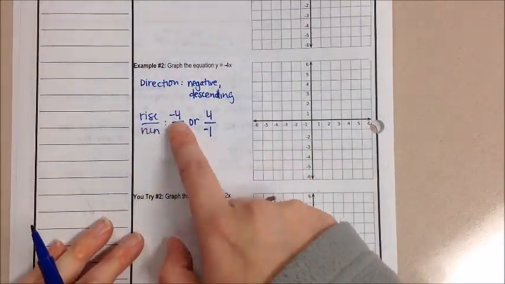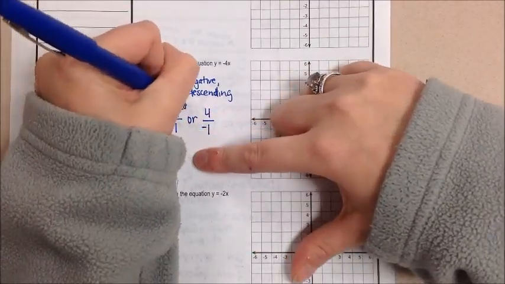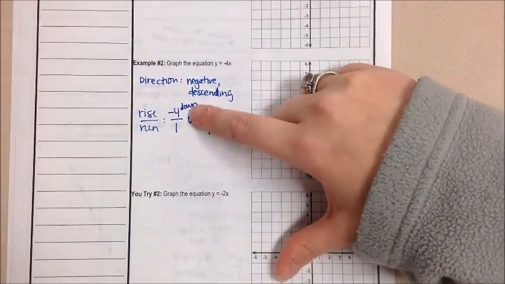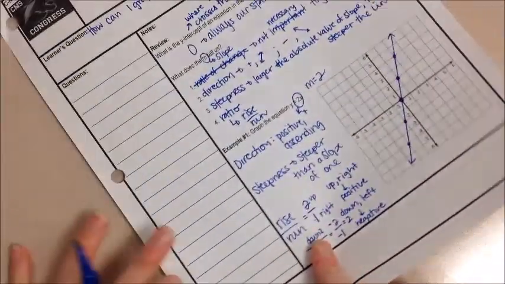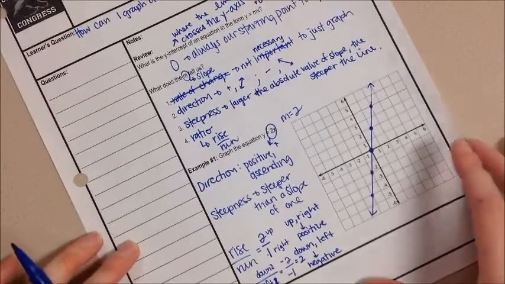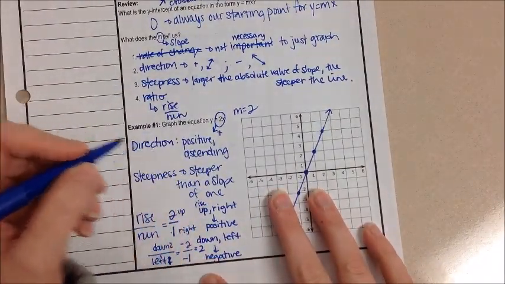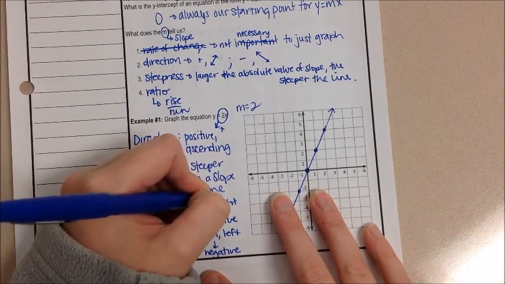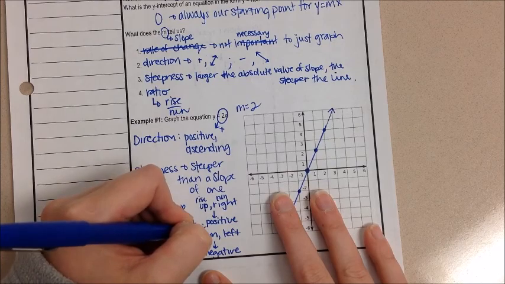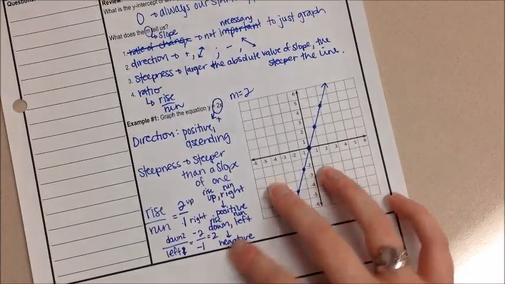So if I'm doing my rise, I can go negative, which would be down, and for the run, positive. Remember, positive is to the right, because remember, up and down is rise, right and left is run.